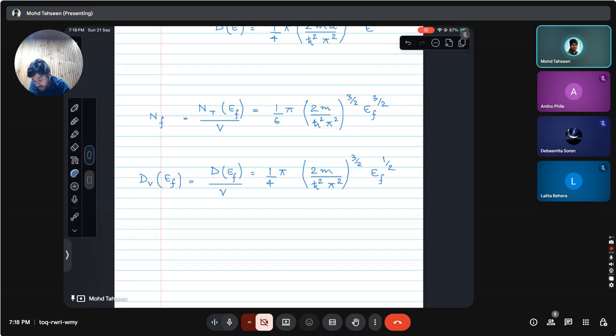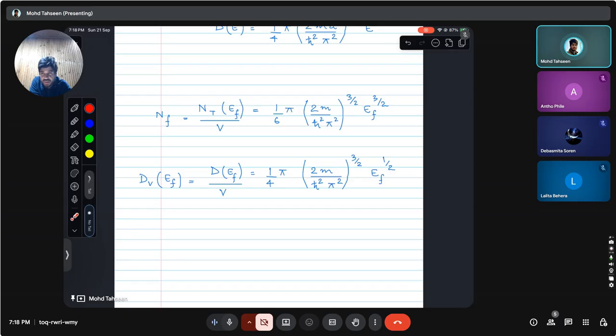And what does this term now define? It is the total number of allowed states per unit volume up to the Fermi energy.